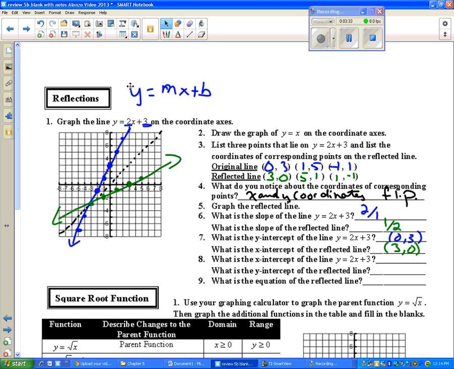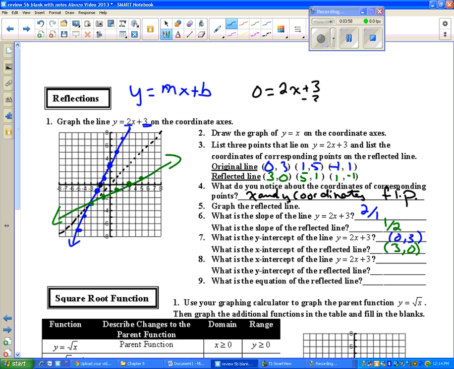What is the x-intercept of the line y equals 2x plus 3? Well, let's go up here. The x-intercept is somewhere right around here. I'm going to mark that in black. It looks like it's between -1 and -2. If I want to be very precise, remember, to find the x-intercept, we let y equal 0 and we solve for x.